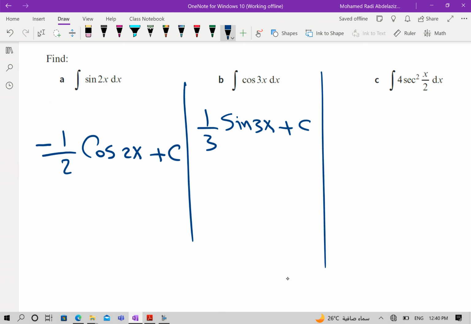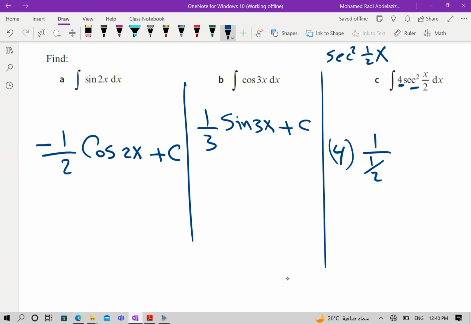Sec squared gives tan. What about 4? 4 is a constant. Leave it outside of the integration. 4 times 1 over a. What is the value of a? Half. So the reciprocal will be 2. You can write it like this: sec squared of half x.